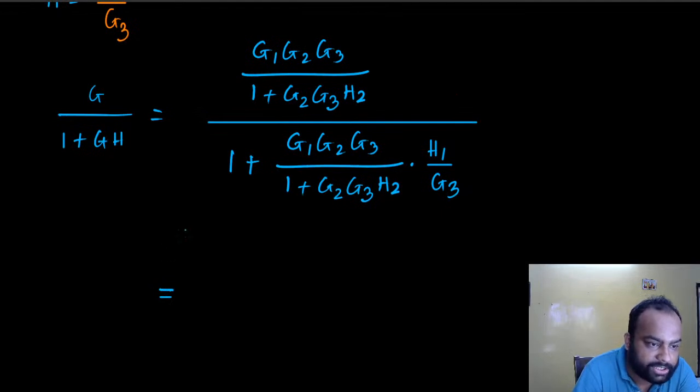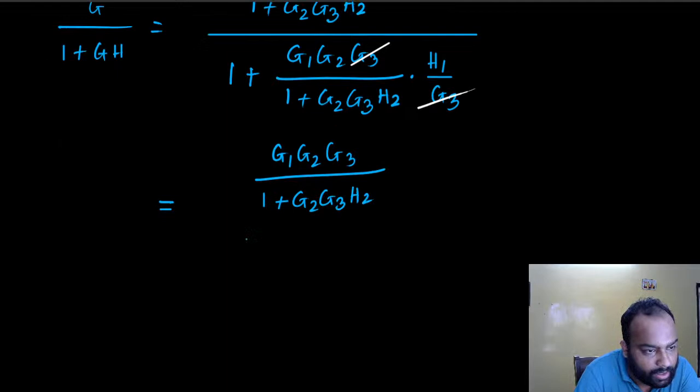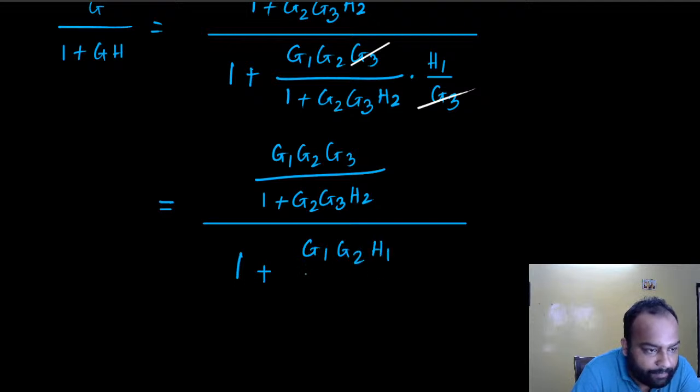Just follow along the calculation, because I am really bad at making sure my calculations are correct. So G3 cancels out actually, right? So I have G1, G2, G3 divided by 1 plus G2, G3, H2, divided by 1 plus, so I essentially have G1, G2, H1, and again we are just seeing algebra, right?